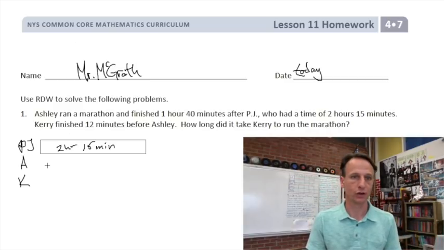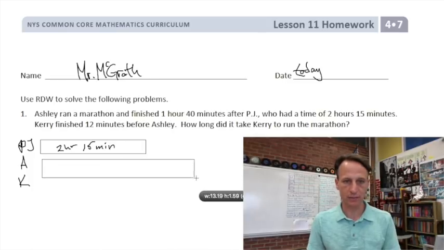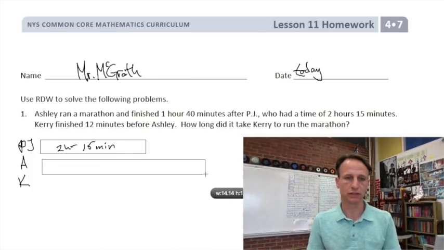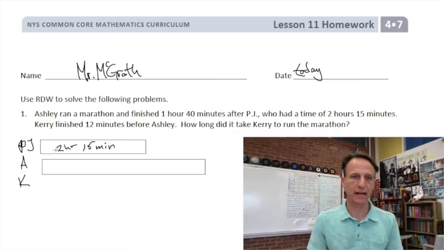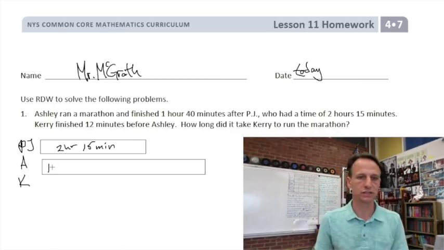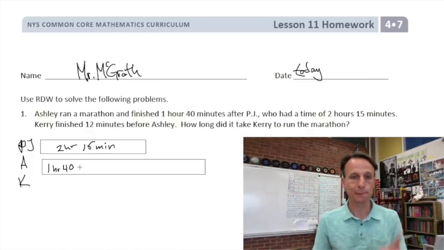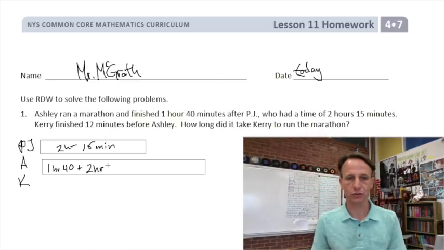Ashley's tape is going to be longer, and we can do the math right now. She's 1 hour 40 minutes more than PJ. So if we add those together with 2 hours 15 minutes, right?